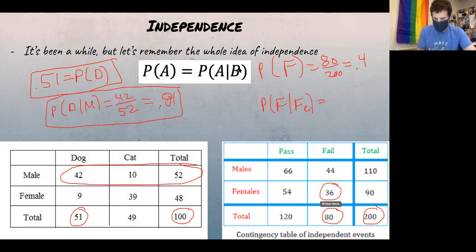Well, that's 36 out of 90. And if we do that, we get, how about that, 0.4. So these are independent, meaning that the outcome of one does not give us any clue as to what the outcome of the other is going to be.